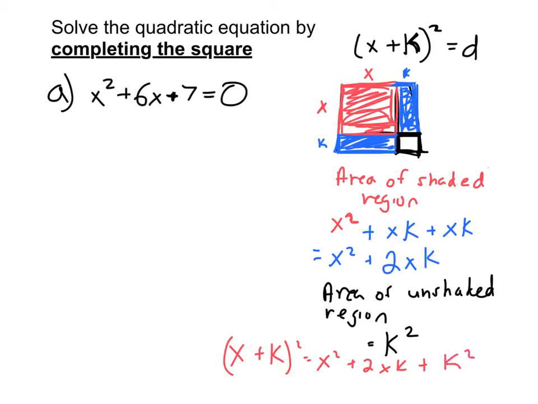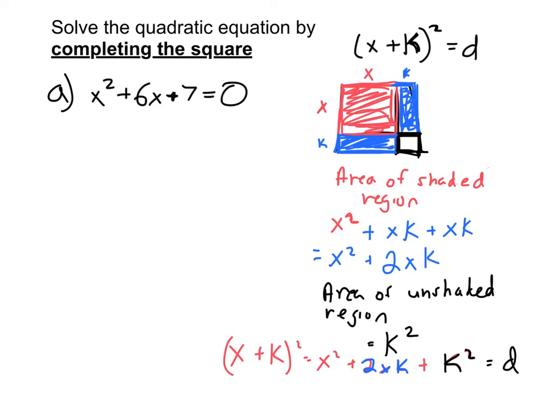The x squared is the red region, 2 times xk is the blue region, and k squared is the unshaded region of the drawing above. You add all those together and you should get d.